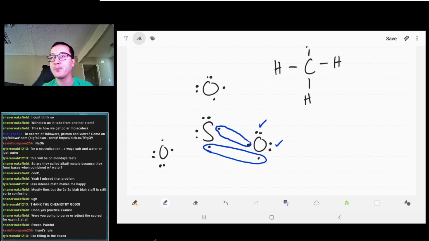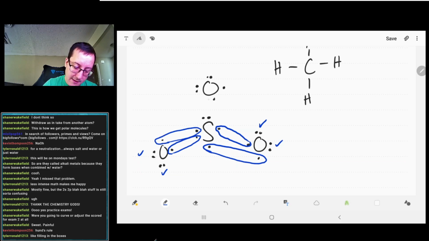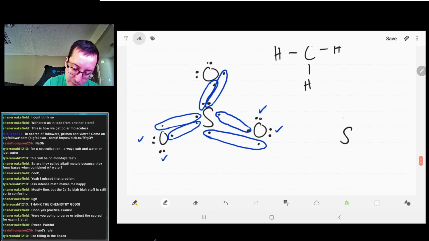That's what we want. If we look at the other oxygens, we have the same situation. We have paired off ones, and we have a couple unpaired ones. Those unpaired ones are going to also then have to bond with sulfur. And same thing here. We're just going to pair off our electrons. And as a result, we'll be left with this structure.